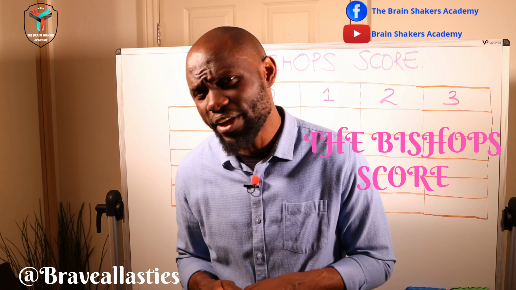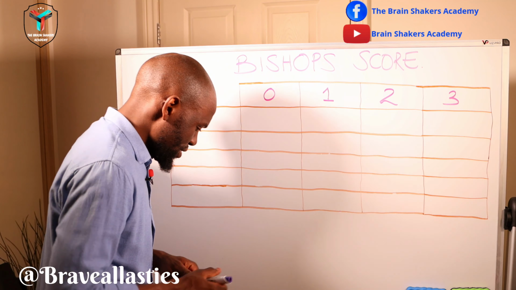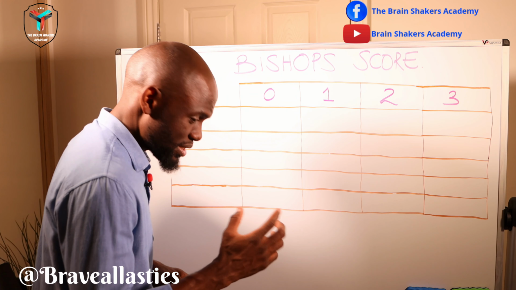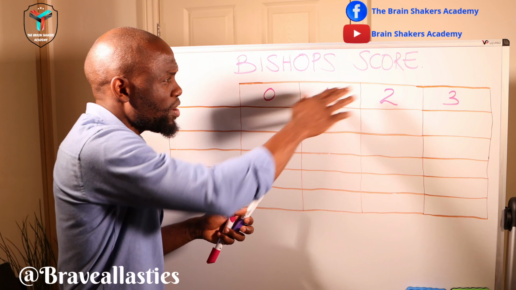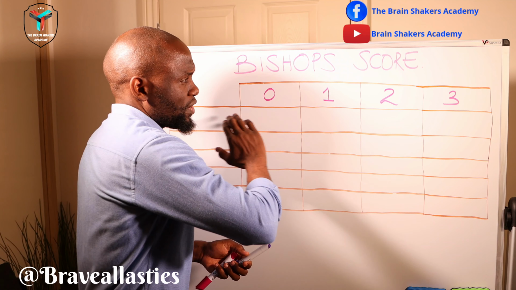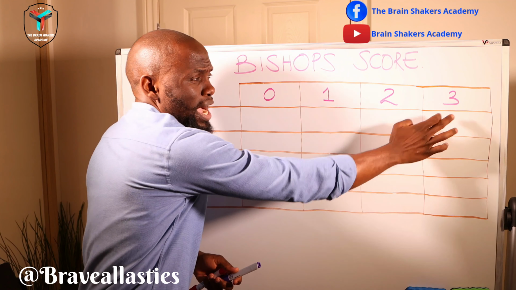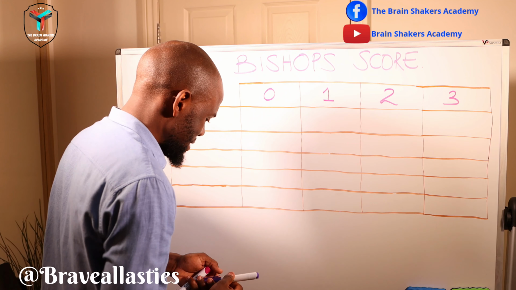So let's go in and understand those parameters today. There are basically 5 parameters that we're going to be utilizing to understand the Bishop's score, and the Bishop's score is scored from 0 up to 3, obviously different from the other scoring systems.